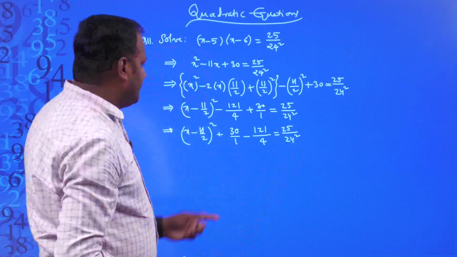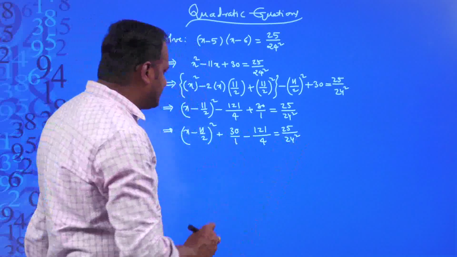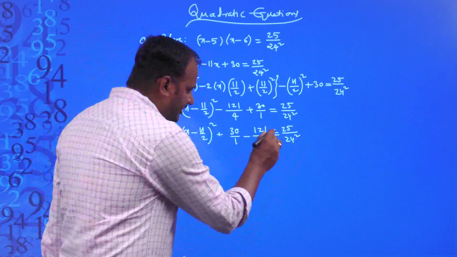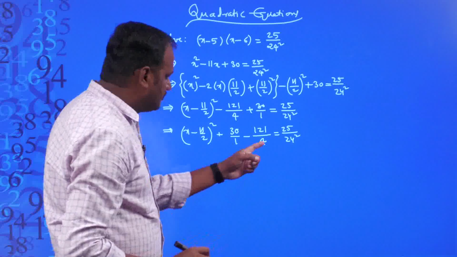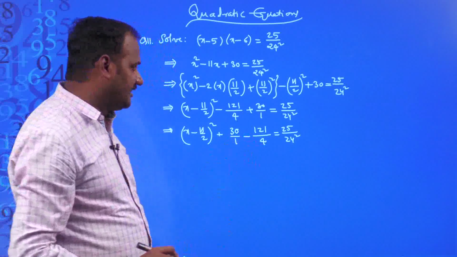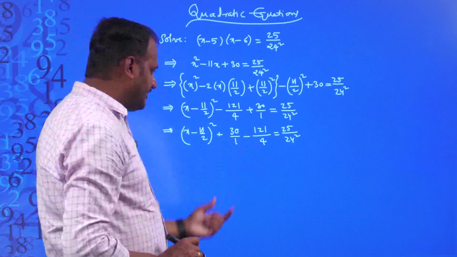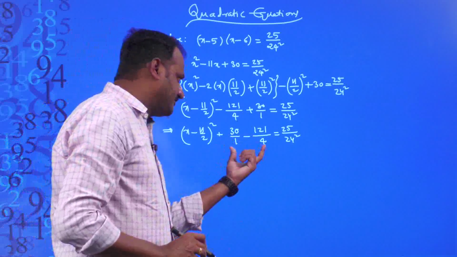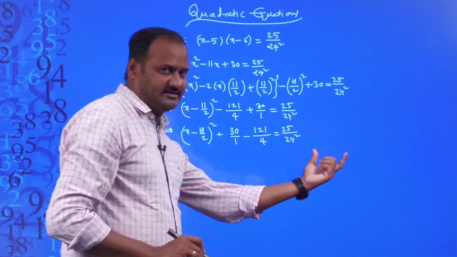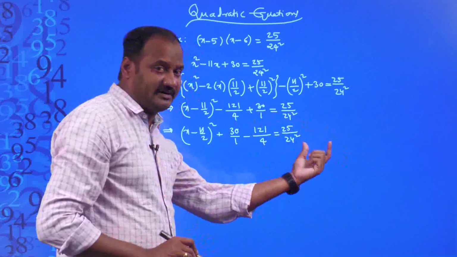Okay. If you simplify only these two terms, 4 30s are 120 minus 121 divided by 4. So 4 30s are 120 minus 121 is equal to minus 1, minus 1 divided by 4. So here it is minus 1 divided by 4, transposing minus 1 divided by 4 towards the right hand side, so it would be plus 1 divided by 4.